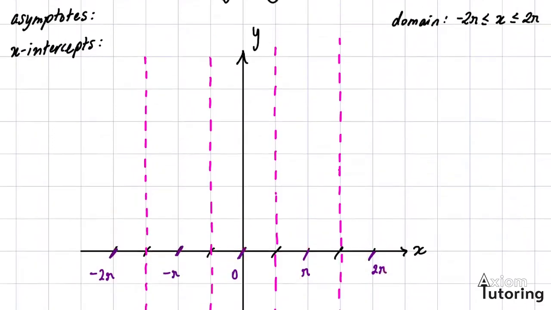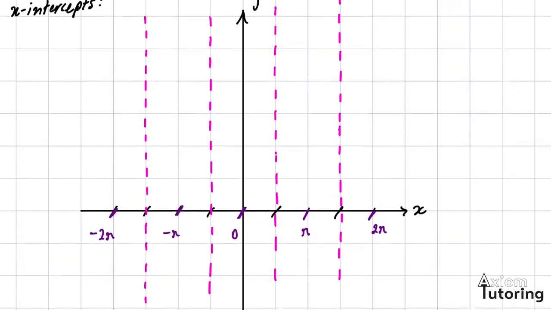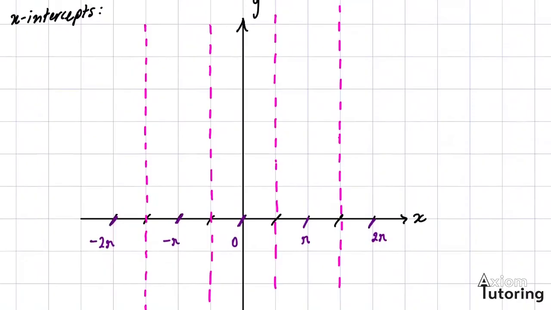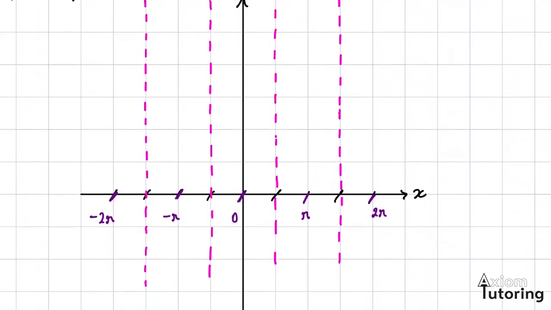And I've actually already sketched the vertical asymptotes. Let me put in where these vertical asymptotes actually occur. They're going to occur at pi over 2, 3 pi over 2, minus pi over 2, and minus 3 pi over 2.